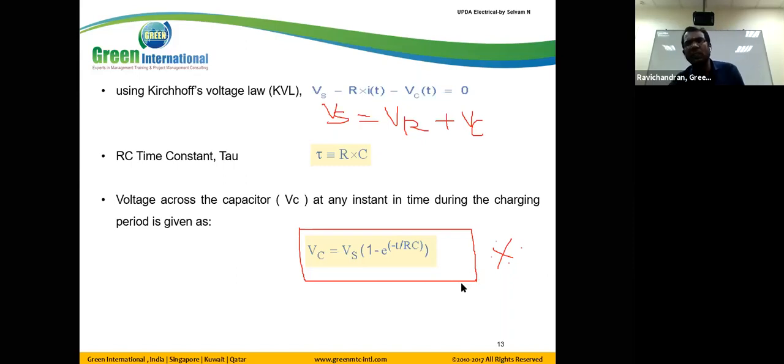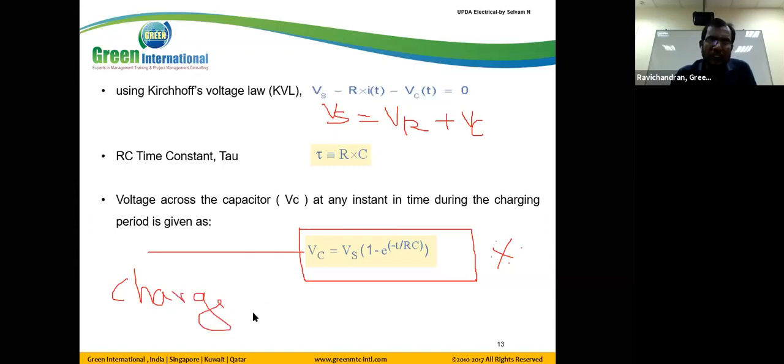This is similar to the current in the RL circuit. When using the RC series circuit, we must remember the voltage. So the capacitor voltage VC is equal to Vs times (1 minus e to the power of minus t by RC).